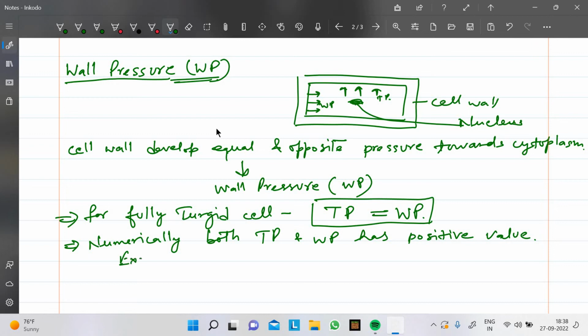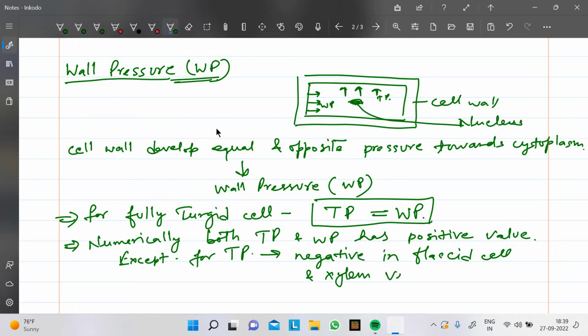Except for Turgor pressure, it is negative in flaccid cell and xylem vessels. पहले भी बताया है मैंने. I will discuss it in the mechanism. क्या इसके बेनिफिट होते हैं, क्यों ये नेगेटिव होता है. ओके, तो क्लियर हो गया what is Turgor pressure, what is wall pressure.